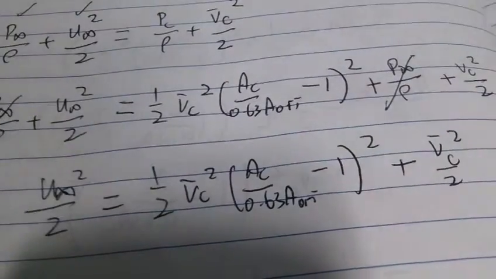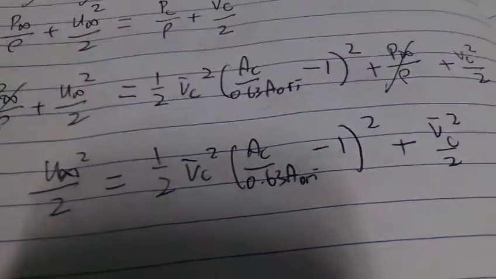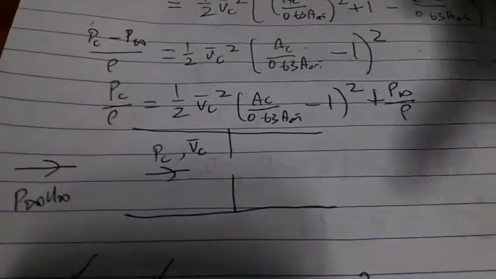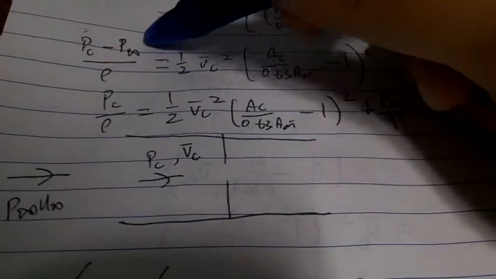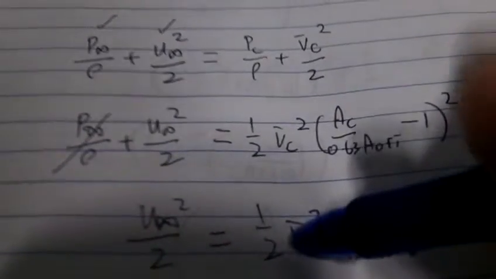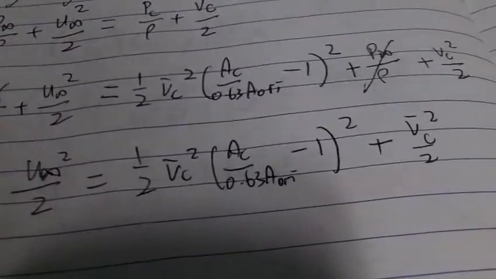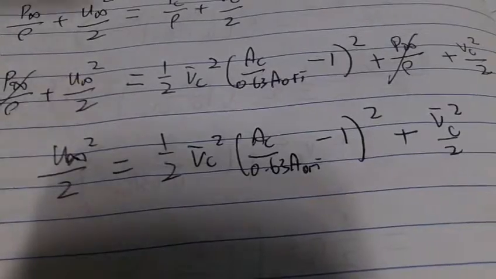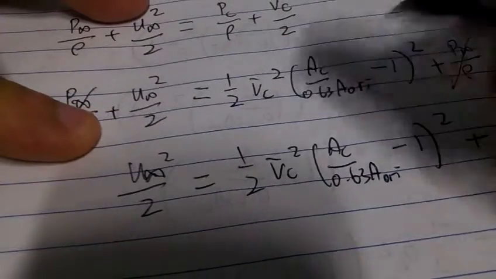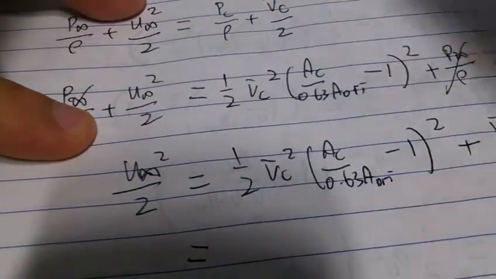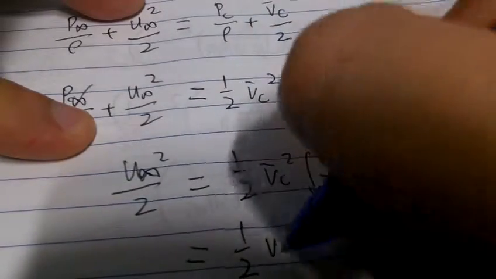This is known and this is known. And we can see the only unknown will be Vc, which is what we actually wanted to find out in the first place. It's been a very long derivation, but at least we had progress here.